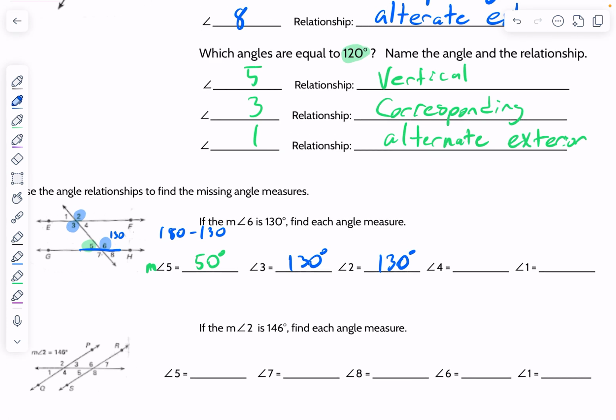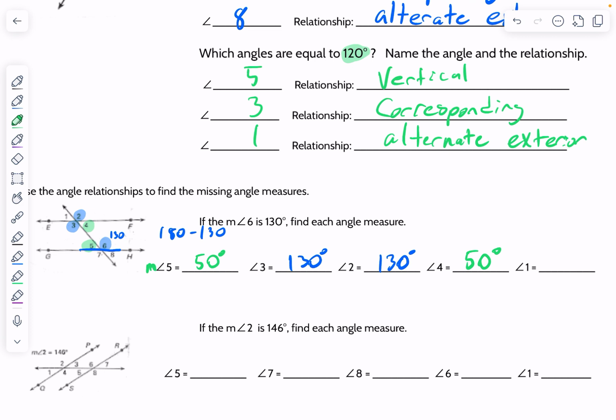The measure of angle 4. So that's here. Now, with respect to angle 5, those are alternate interior angles. So those are equivalent. So we can write 50 degrees.